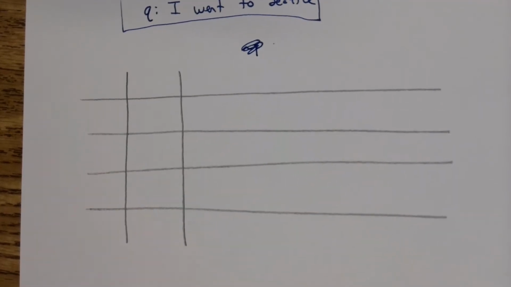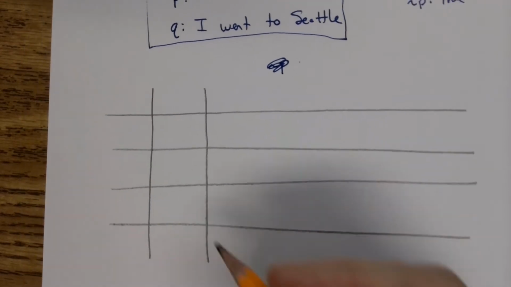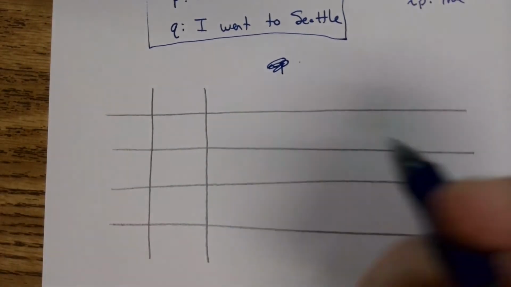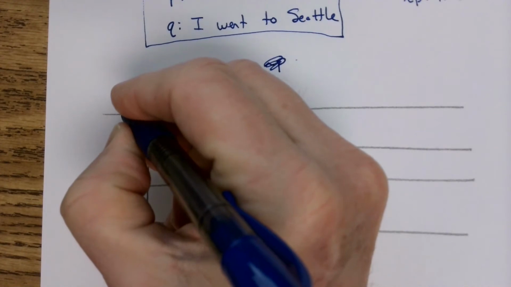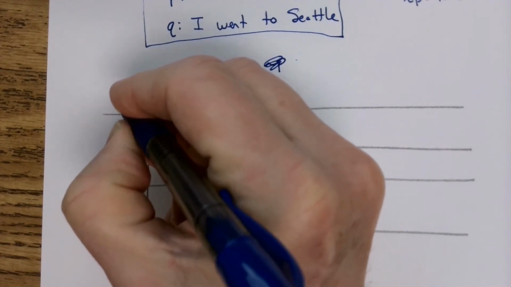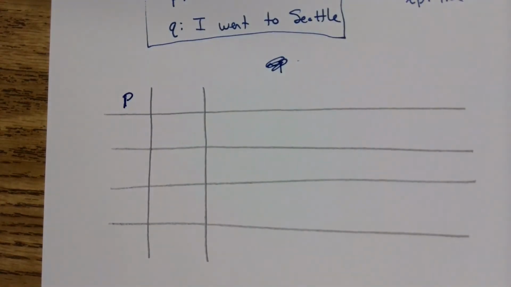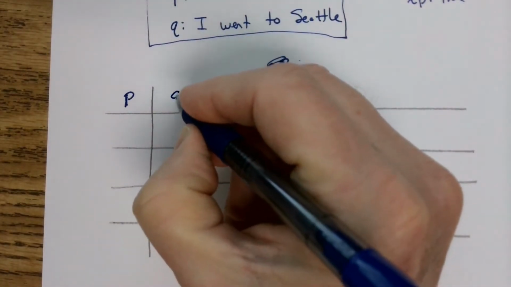Maybe about 4, 5, not very many. Okay. So in this very first column, we have P, and we have Q.